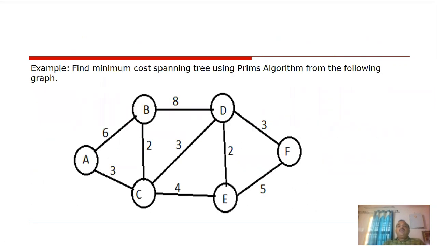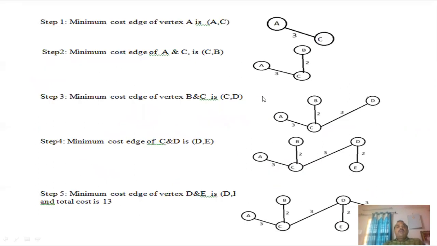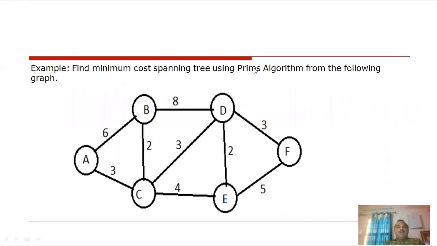All of you, find the minimum cost spanning tree using Prim's algorithm from the following graph. This is the graph. Starting with A, which is the smallest weighted edge? A to C is the smallest.